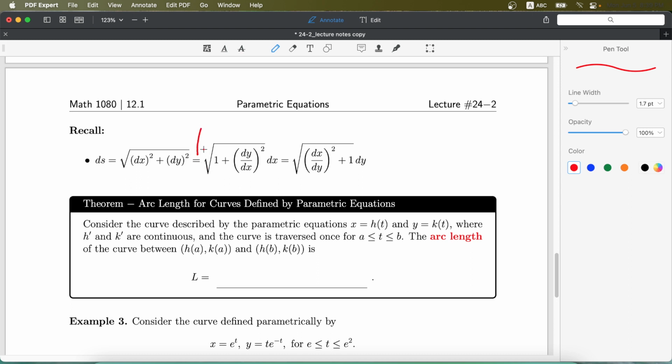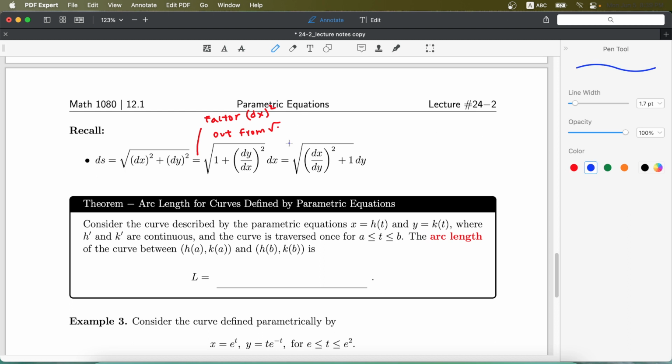So right here, basically what you did is to factor dx squared out of the square root. So if I factor out dx squared from the square root, I have a dx outside, but this becomes 1, this becomes dy over dx quantity squared.